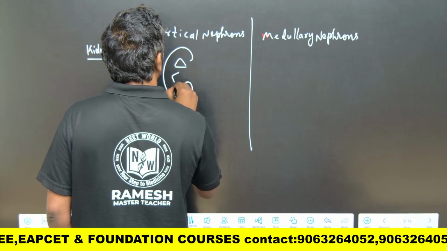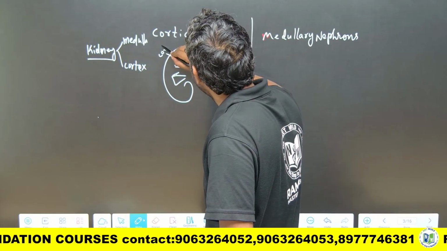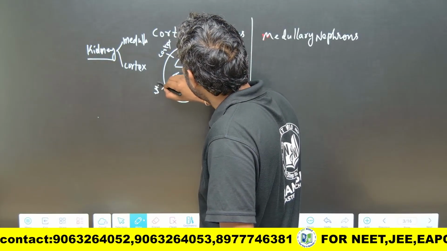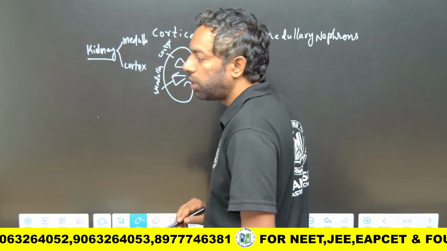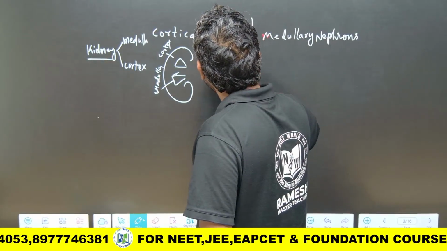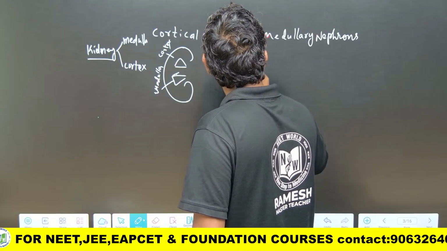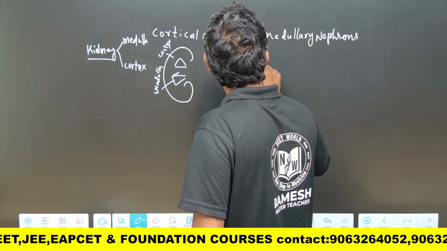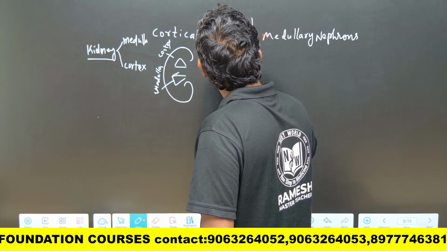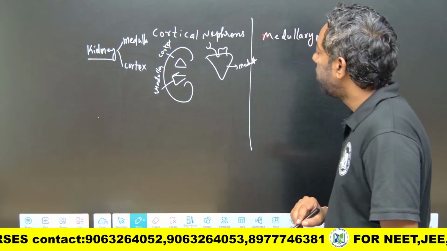This region is the cortex, this is the medulla, and these are the medullary pyramids. In cortical nephrons, the Henle's loop is very reduced in the medulla, or absent.